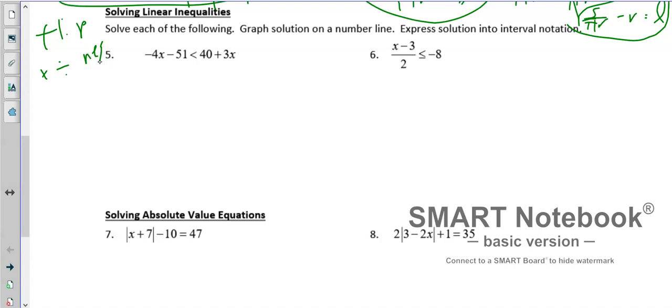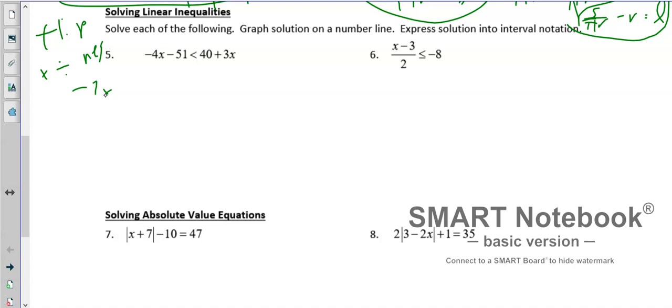So this is where sometimes it's easier for some people to always keep the coefficient of the x positive, so you don't have to worry about flipping. For example, number 5. If I subtract 3x, I'm going to end up with negative 7x. Okay? And I'm actually going to do it both ways. I'm not going to do it on all these, but both ways on this one, just to show you why it happens. So if I subtract 3x, I'm going to get negative 7x.